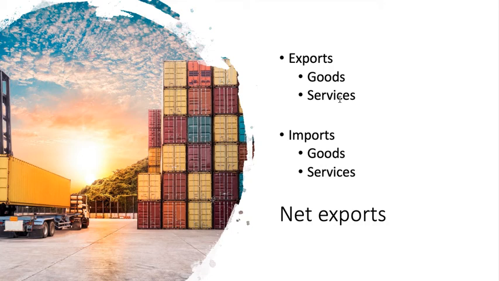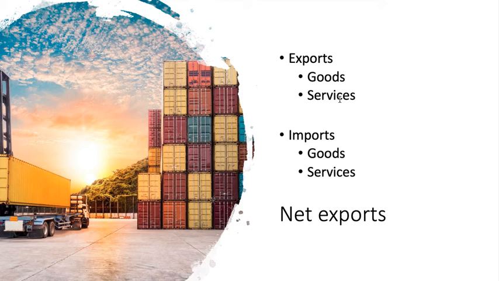And for the last generation or so, the U.S. has run a persistent trade deficit, which means that our net exports number in GDP is negative because we import more than we export. It's a big negative number for goods. We import a lot more goods than we export.